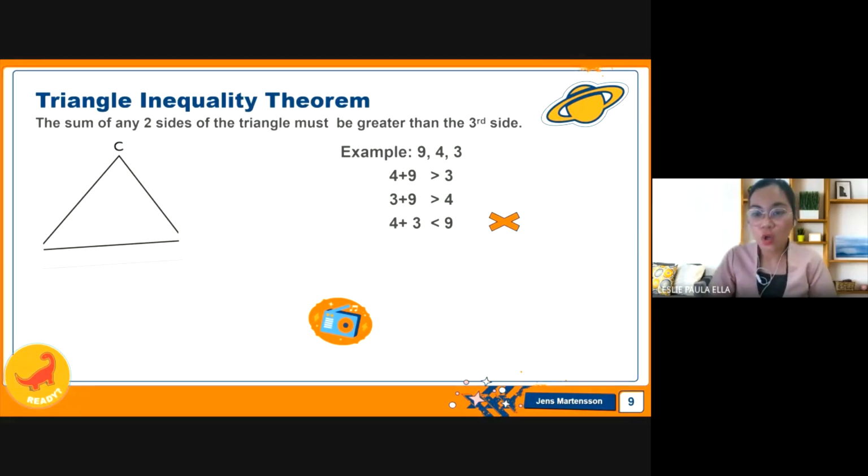We're going to use the website kahoot.com. Check your chat box. All you have to do is enter the game pin so that you can participate in our activity.